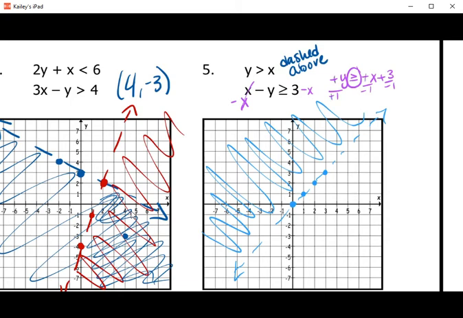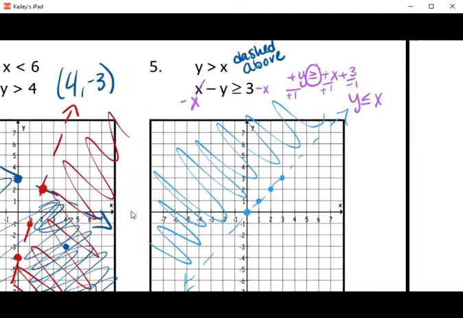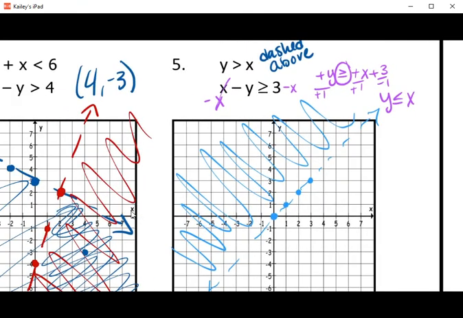So as we simplify, we get y is less than or equal to positive x, because we had negative divided by a negative. And then we have positive 3 divided by -1, that would be -3. So now we can think about our graph a little bit here. We have less than or equal to as our symbol.